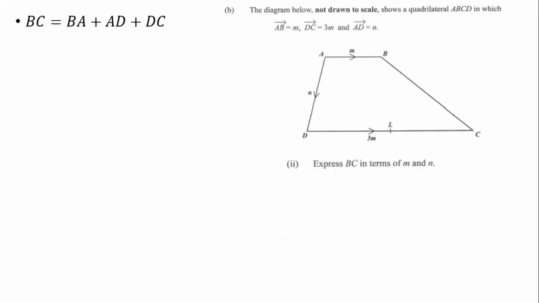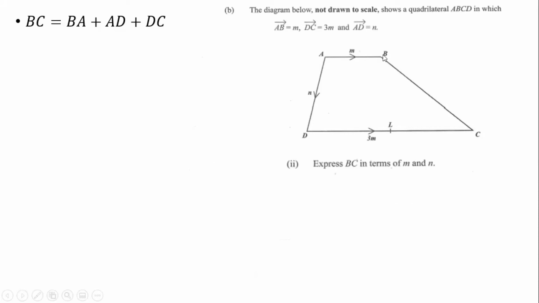So part 2 says express BC in terms of M and N. So going in this direction so that we can get to D, what we see is that BA plus AD plus DC will give us the answer for BC. The direction AB was going in this direction.